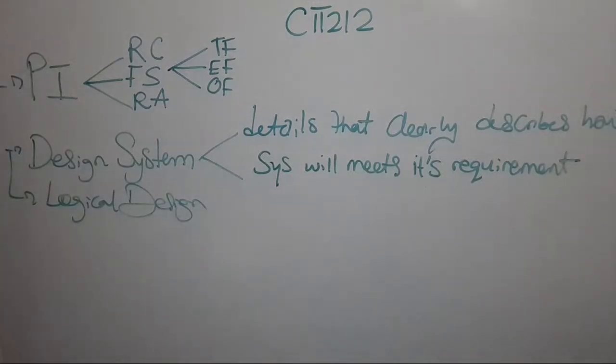So when it comes to developing program software, it is referred to as physical design, but when it comes to system design, the specialists prefer to refer to it as logical design.